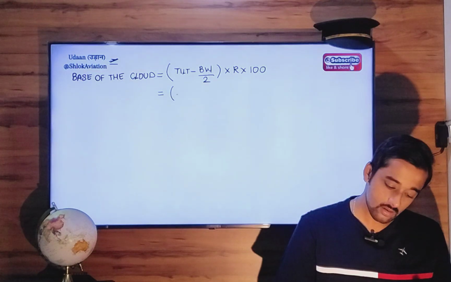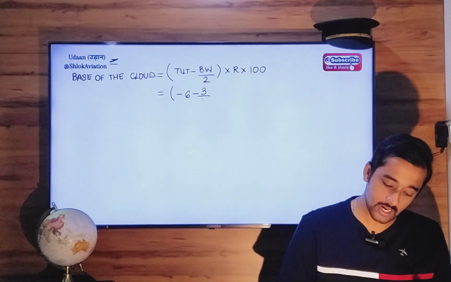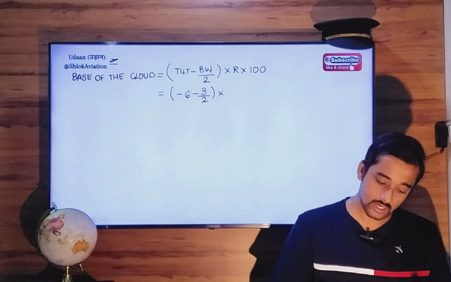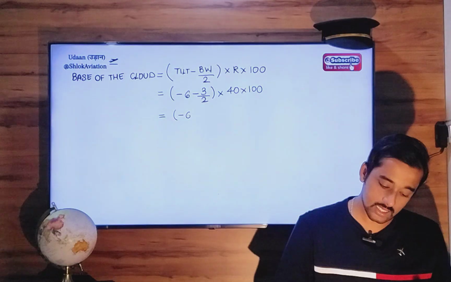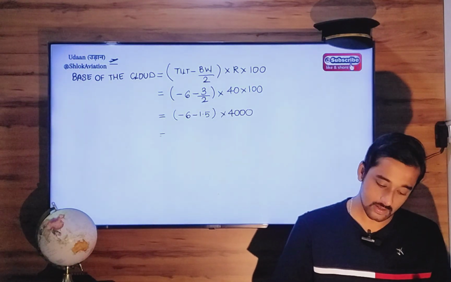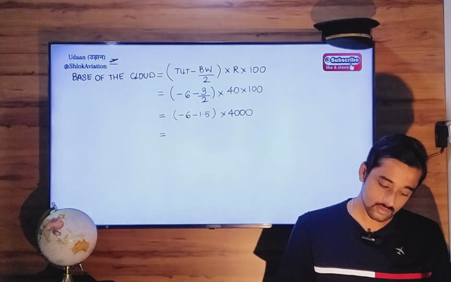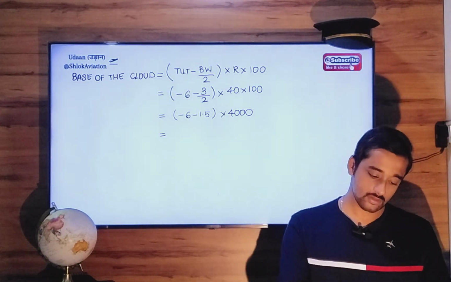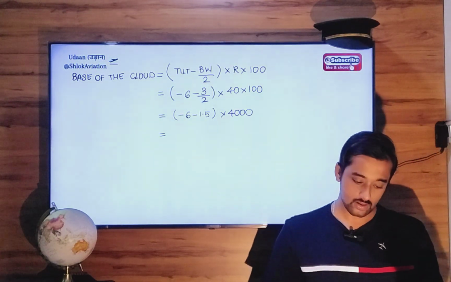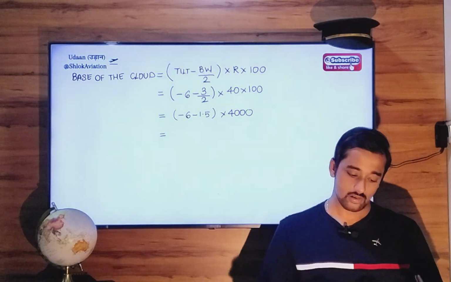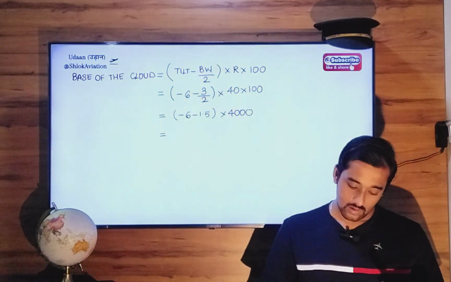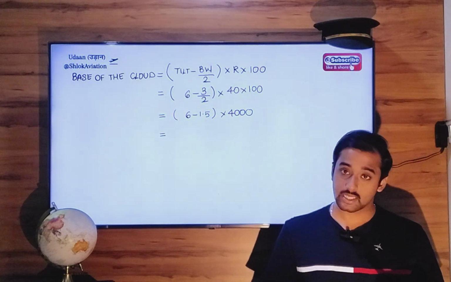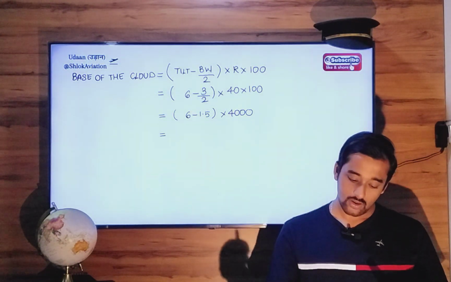So minus 6 minus 3 divided by 2, range is 40 into 100. So minus 6 minus 1.5 into 4,000. Erase this minus, just write 6.